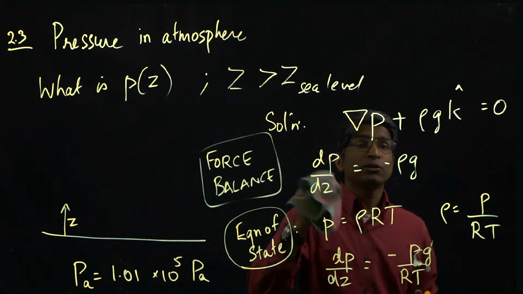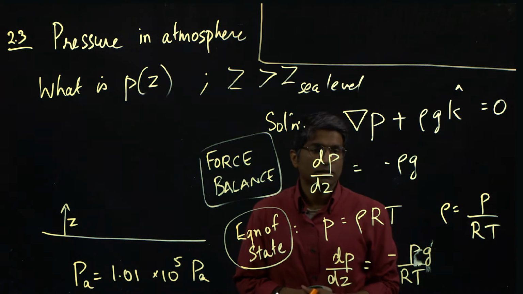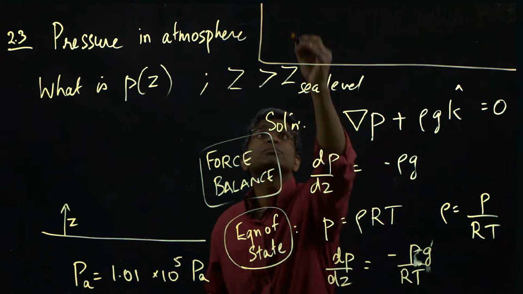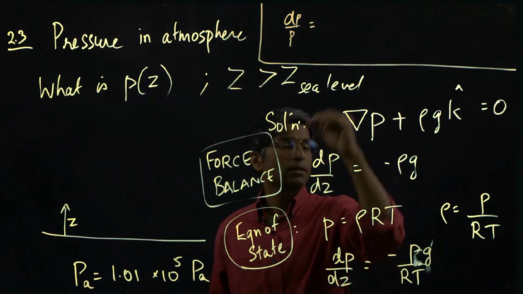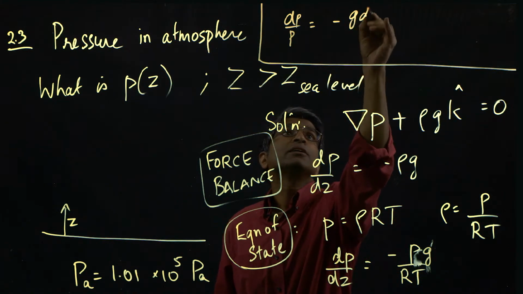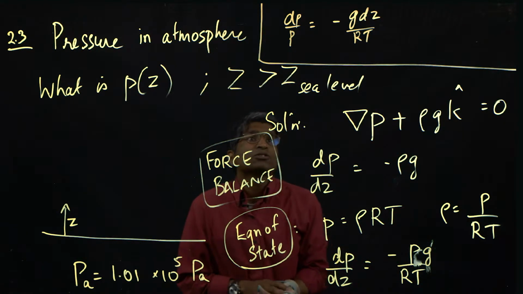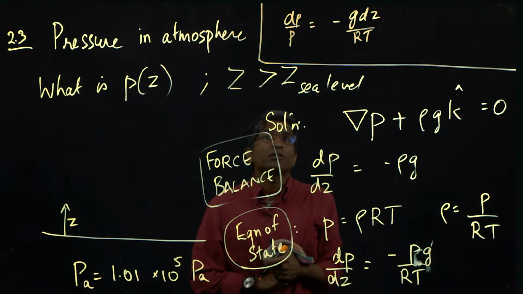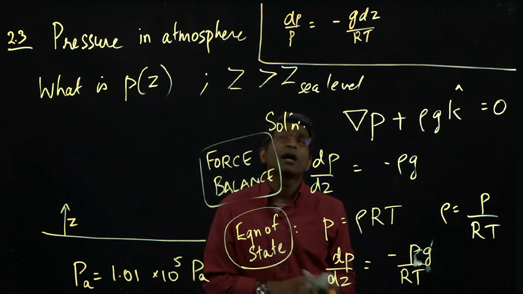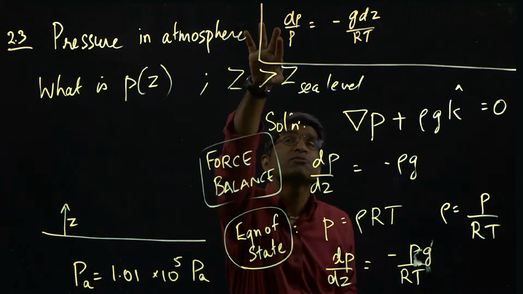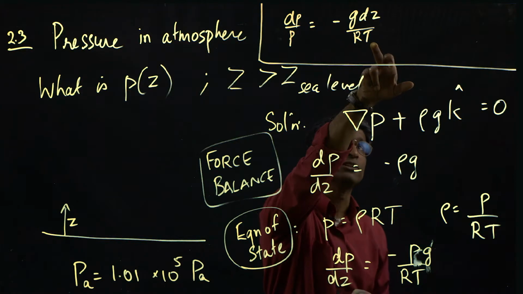I could integrate this by saying dP over P equals minus g dz over RT. And it looks like I've just swapped one problem for the other. I have now eliminated density, but I brought in temperature. I could integrate my pressure from sea level to some unknown value, so long as I knew my temperature variation.